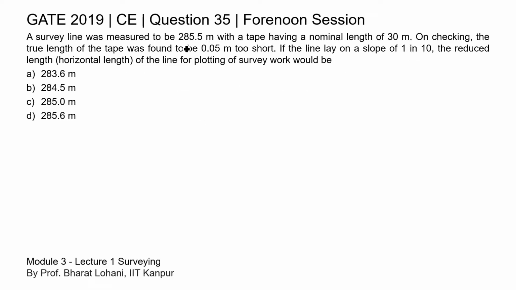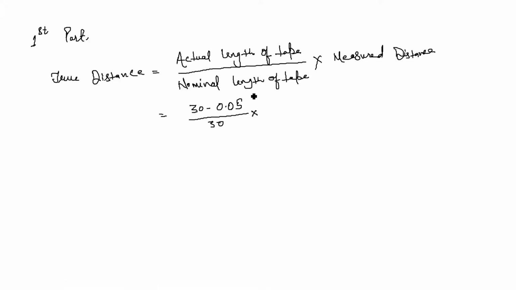So measured distance is 285.5. So after calculating this, we will get the true distance as 285.024 meter. Now this length we got, this is the true distance after the correction of the tape.